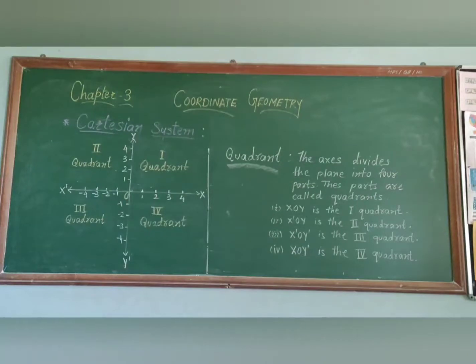Both the x-axis and y-axis together are called coordinate axes. So we will here learn coordinate geometry using the xy plane only, and in the xy plane there are the coordinate axes, that is, the x-axis and y-axis.